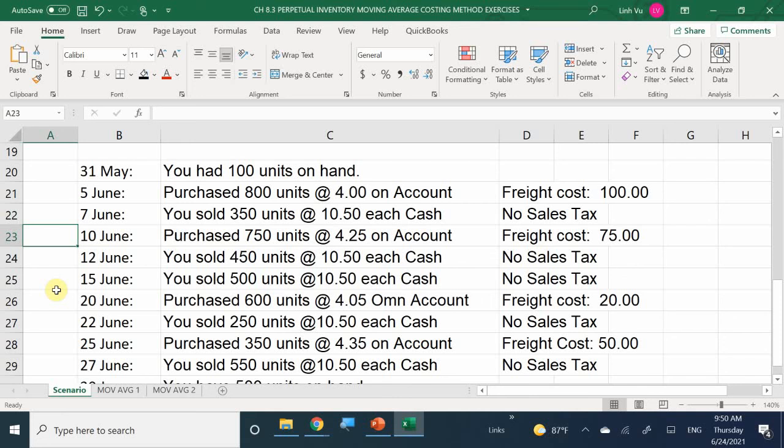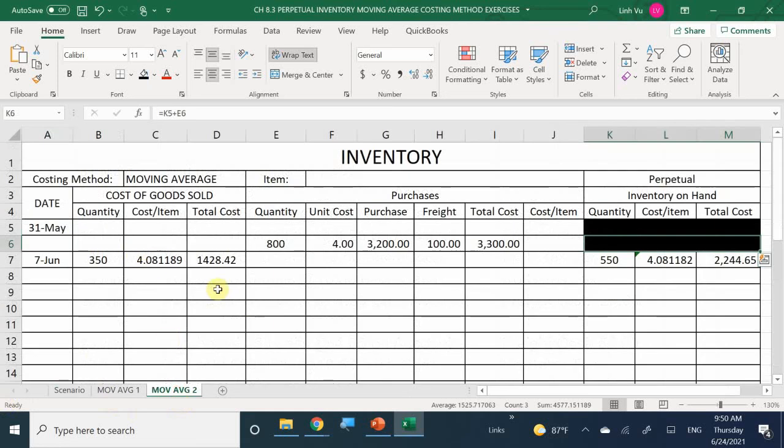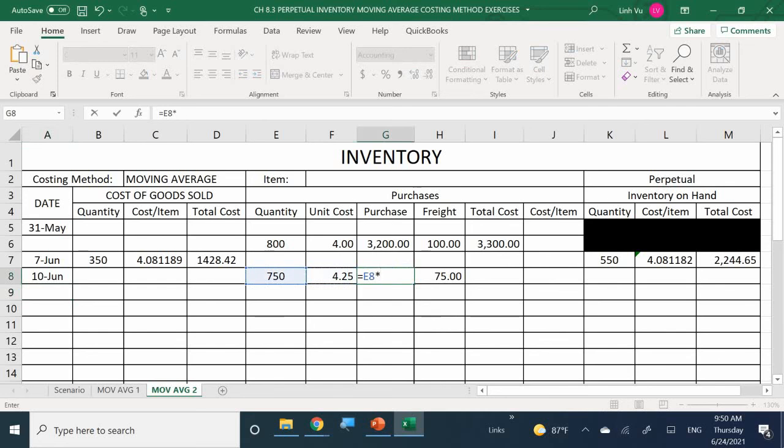So 750 at $4.25 with a freight of $75 on June 10. Okay. So what's my purchase price? 3187.50. $3187.50 plus 75, 3262.50.